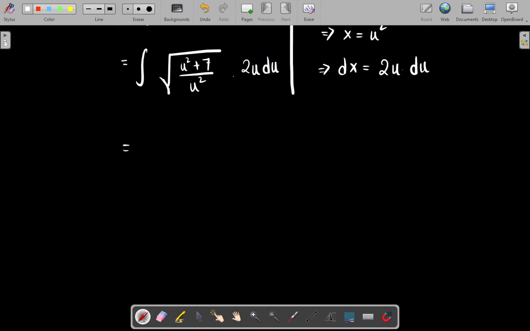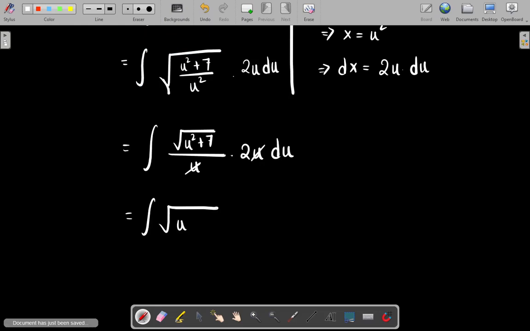See, in the denominator we have a perfect square u square, so we can take that out of this square root, so we are left with u square plus 7 under root in the numerator upon u times 2u du. So this u and this u cancel each other, and this now becomes integration of u square, and this 7 can be written as square root 7 whole square, times du.